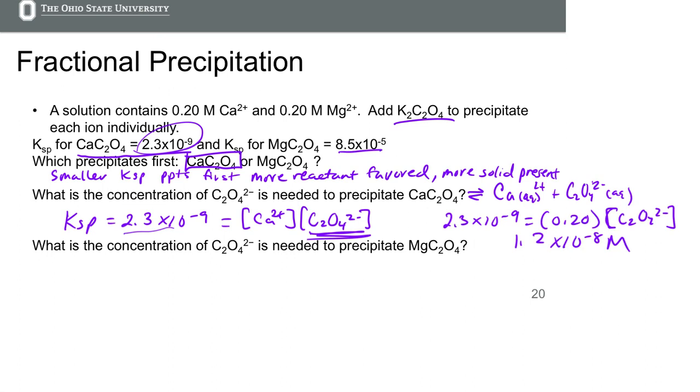So we have our beaker that contains calcium and magnesium. We slowly add the potassium oxalate. Once the concentration of oxalate reaches 1.2 times 10 to the minus 8 molar, calcium oxalate starts to precipitate off. That's a really low concentration. Okay, does that make sense?